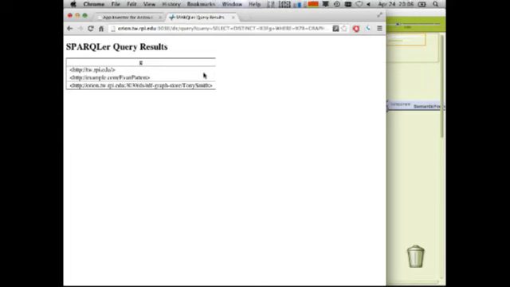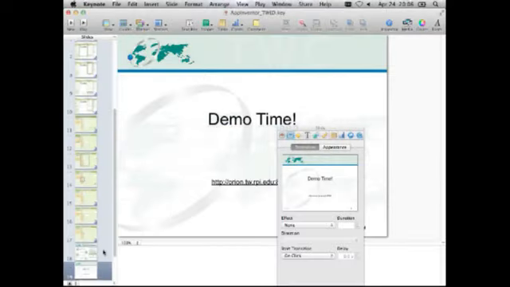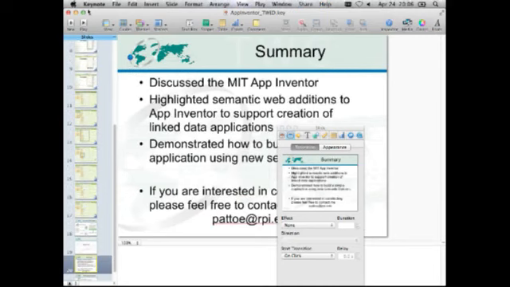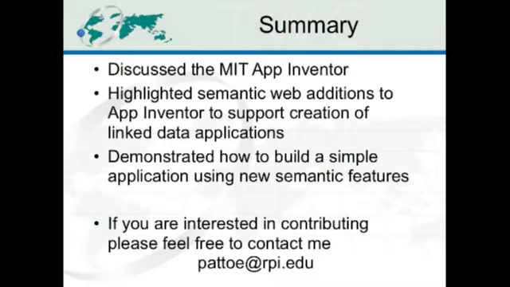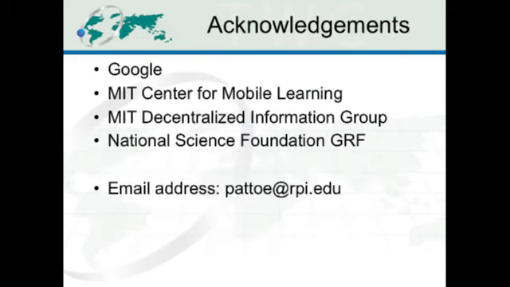which, just to wrap up, since I have 2 more slides. All right, summary, feel free to contact me. That's my email. Again, my email. I'd like to, of course, recognize Google for originally building the AppInventor, the MIT Center for Mobile Learning for taking it over and open sourcing the whole thing. I've been working with the Decentralized Information Group at MIT to do all of the semantic related stuff, and the National Science Foundation for supporting my research as well.